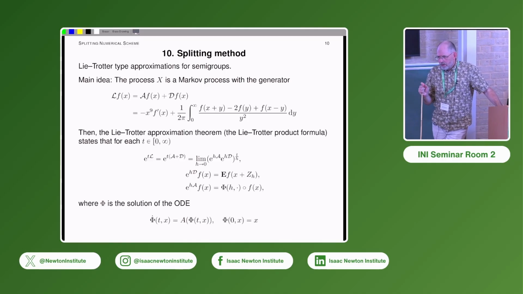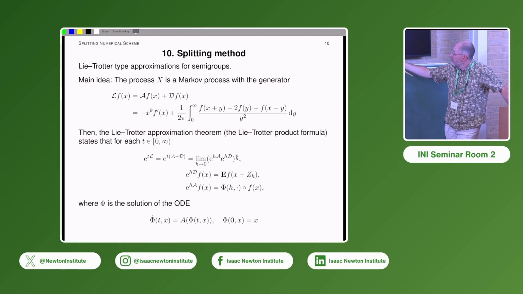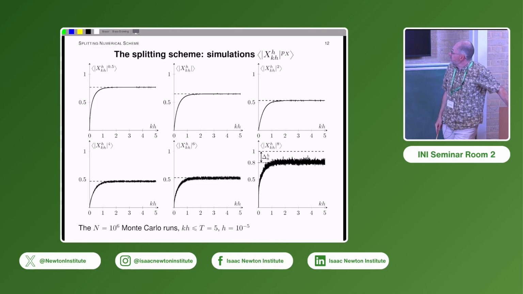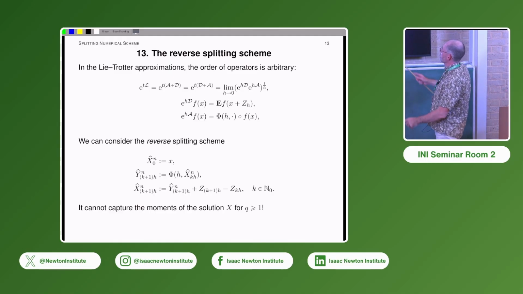One interesting comment. You see here in the Lévy Trotter, actually, you can write a plus d or d plus a. So what happens is that everything breaks down. The order is really important. You write a different order, and then you have the following. And it's clear why.